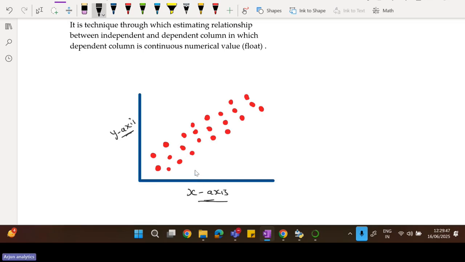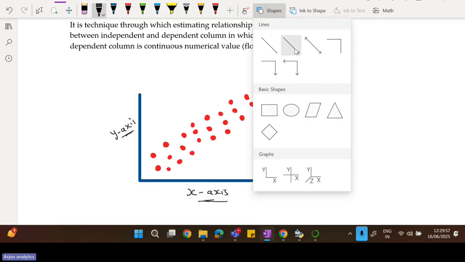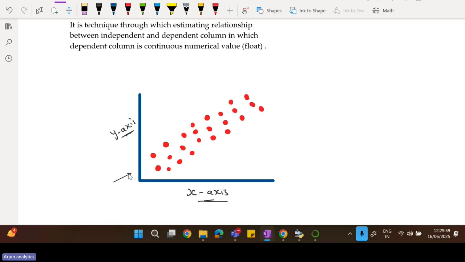There are multiple ways to find the relationship. But here what we are going to do is draw a straight line, like this, and we will try to estimate the relationship. Now on this I will do one thing.